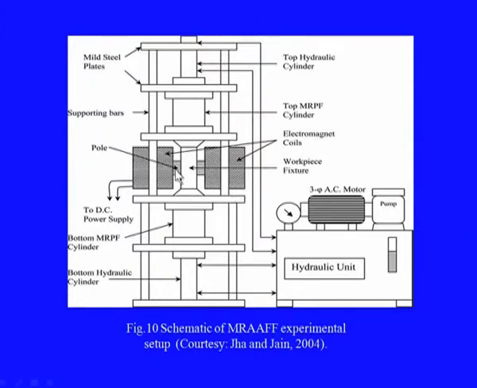This is where the magnetic poles are there, and this is the workpiece fixture, and these are cylinders in which magnetorheological fluid is stored, and this will be pushed from the one end to the other cylinder where the magnetorheological fluid will be collected, and then process will continue. The other controls and necessary measurement devices are also shown.